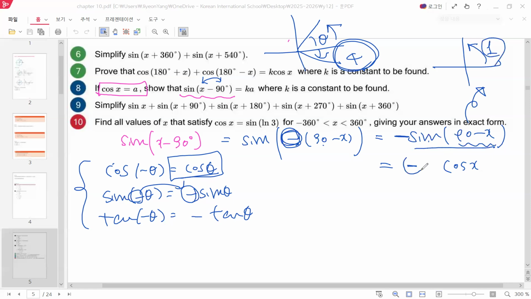So you don't have to change this sign. So since cosine x is defined as a, this one is going to be minus a. Do you understand? So the value of k is -1. Yes. Here, this one, sine of 90 minus x. Please look at the table.